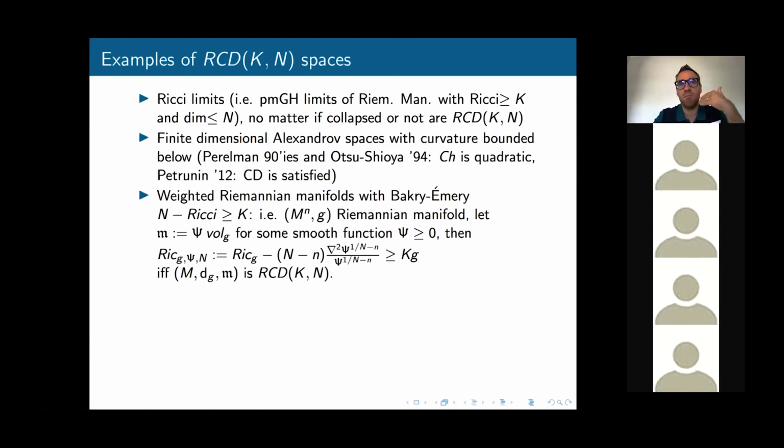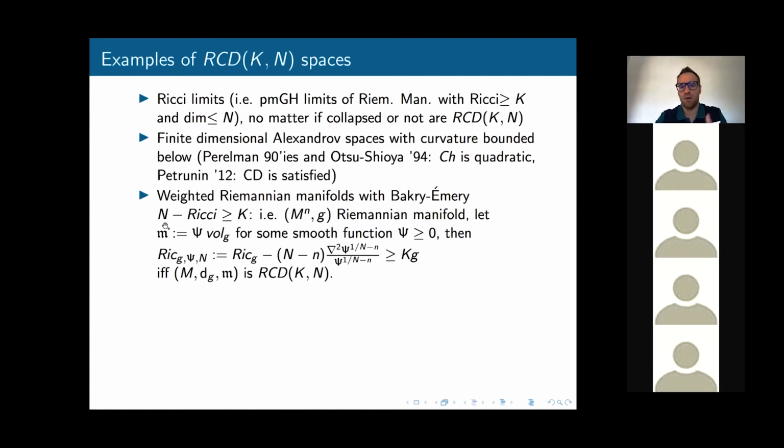Your space behaves, from the point of view of functional inequalities, as a manifold of different dimension. So they introduced what is now called the Bakry-Émery Ricci tensor, which also has a parameter N playing the role of an upper bound on the dimension.